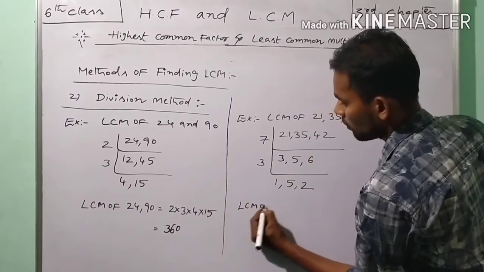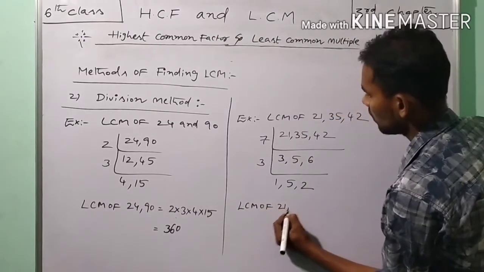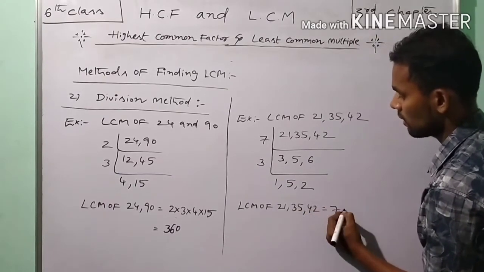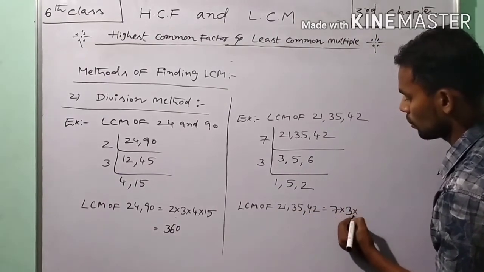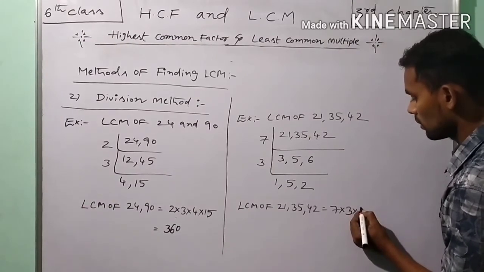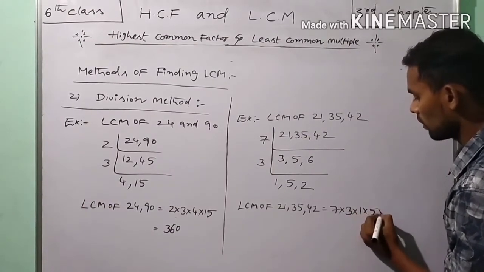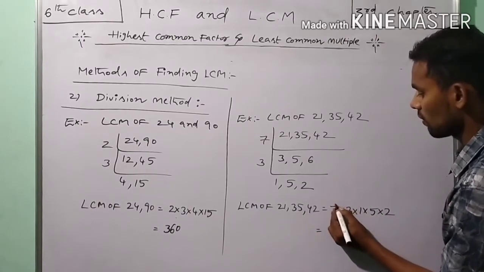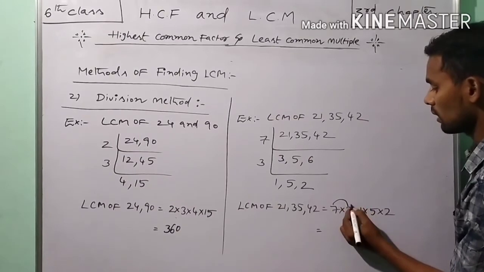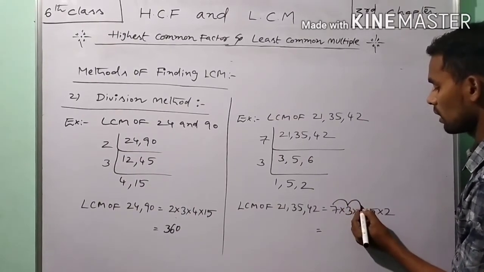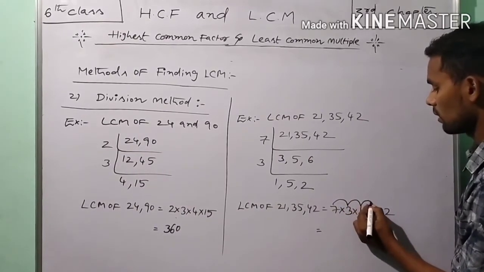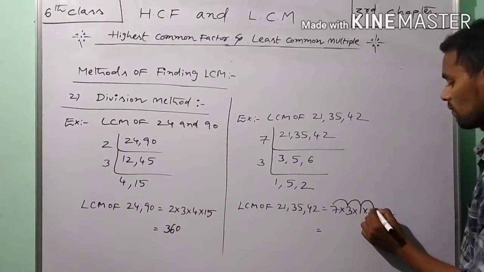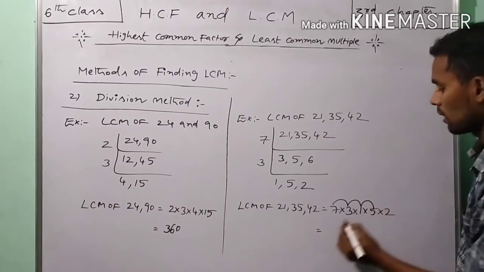LCM of 21, 35, 42 equals 7 into 3 into 1 into 5 into 2. 7 3s are 21, 21 1s are 21, 21 5s are 105, 105 2s are 210.